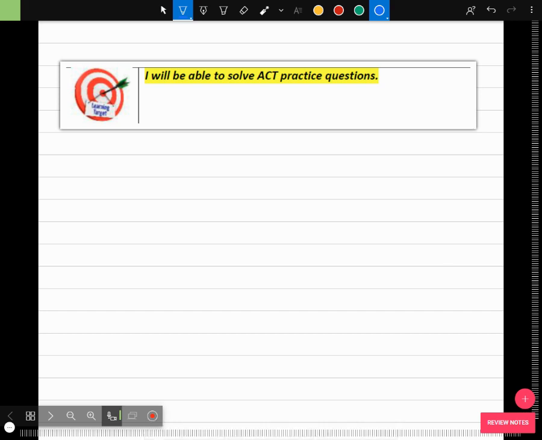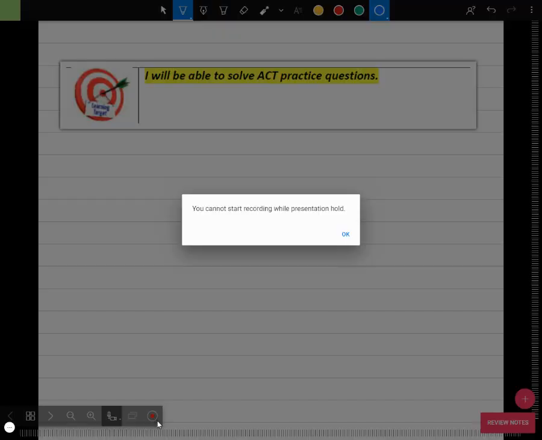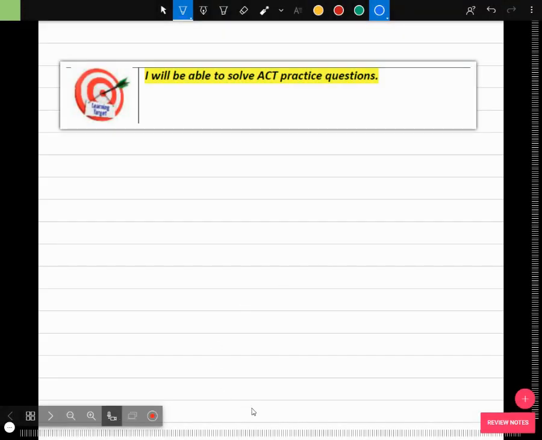First one is the Pythagoras theorem, which is side square plus side square equals hypotenuse square. In fact, this rule can be used in a right angle triangle.